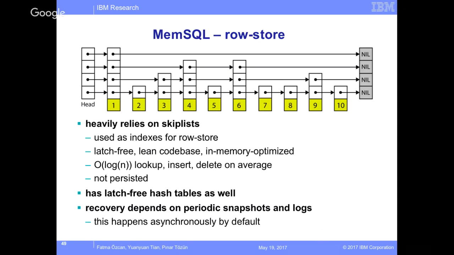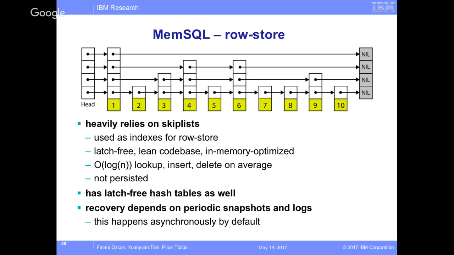Now, when MemSQL first came out, the main thing behind its design was this skip list structure that they developed. So its row store portion especially heavily relies on skip lists, which is basically an in-memory optimized data structure.